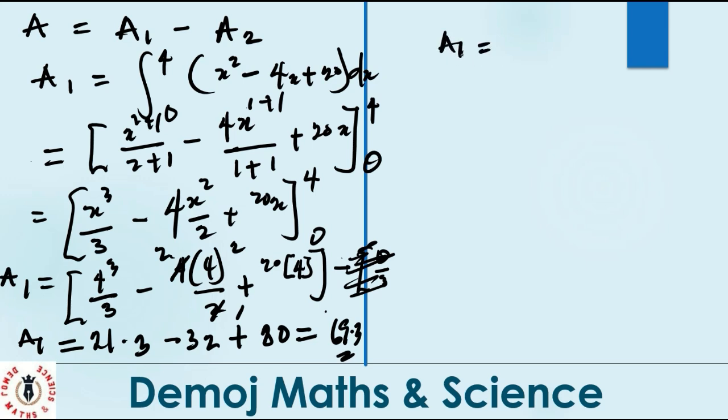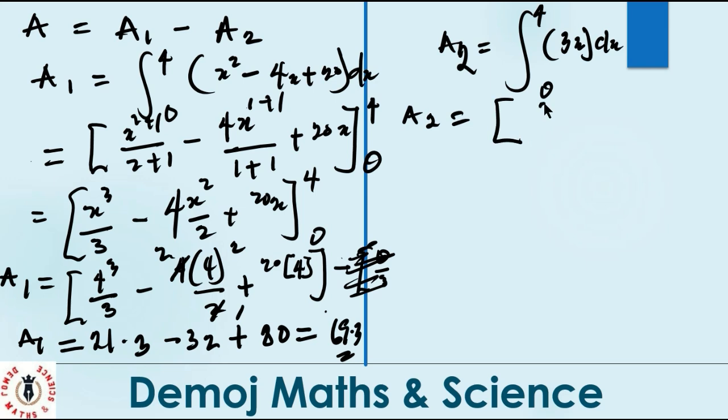Let's look for A2. A2, not A1, will come from the integration of the straight line, 3x, with respect to x, between 4 and 0. Integrating 3x becomes 3x squared over 2, between 4 and 0.